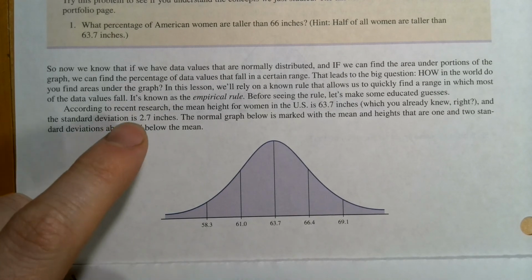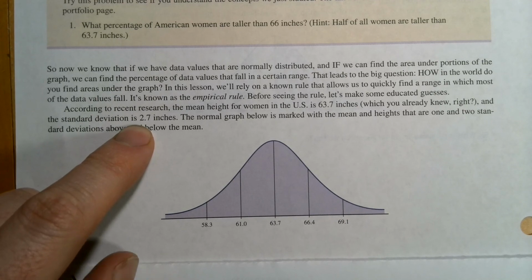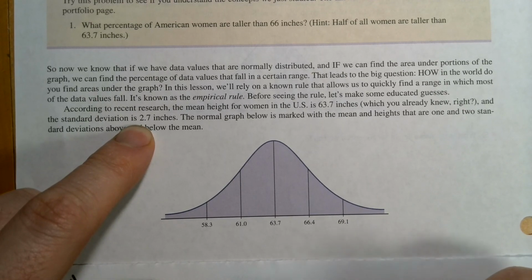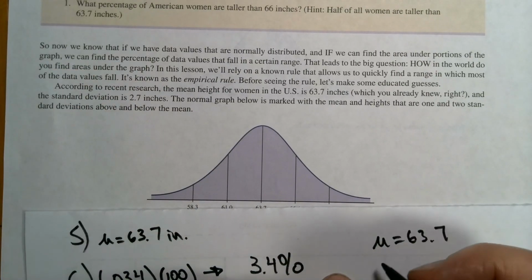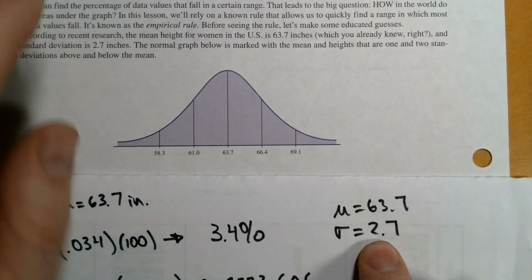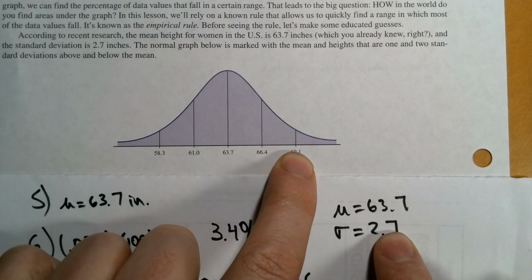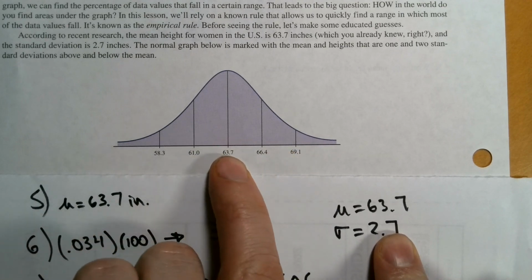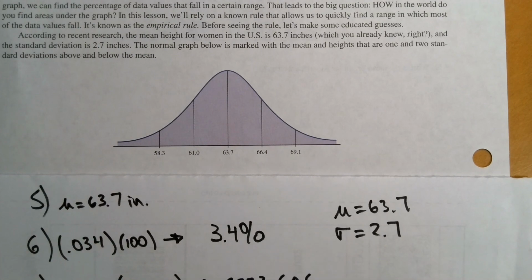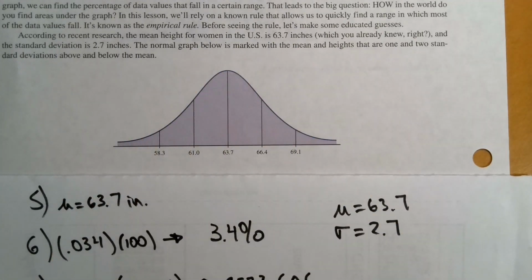So if we know the standard deviation of the heights of the women, which our author tells us this research suggests that this is what it is, we have a mu of 63.7 and a standard deviation, a sigma, of 2.7, then we can fill in these tick marks by adding 2.7 to 63.7, and this would be one standard deviation above the mean. We could add 2.7 to this number again, and that would be 2 standard deviations above the mean. And then we could subtract going in this direction and be 1 or 2 standard deviations below the mean. We're going to use this mean and standard deviation to then create a normal probability distribution.